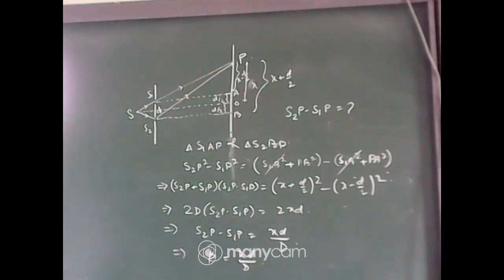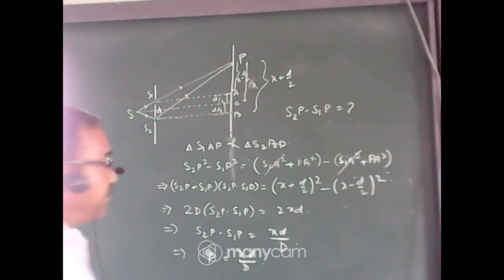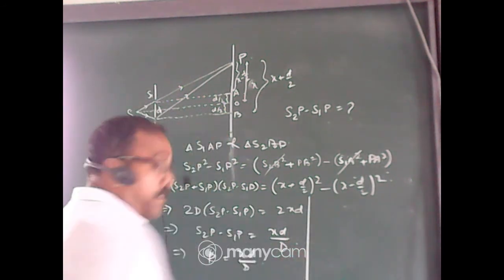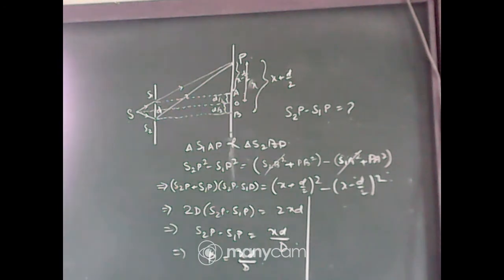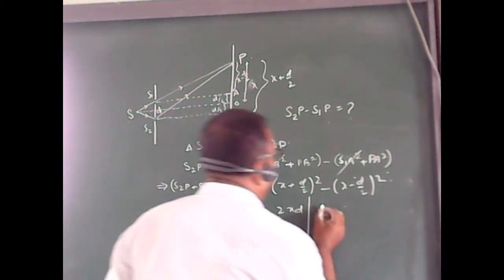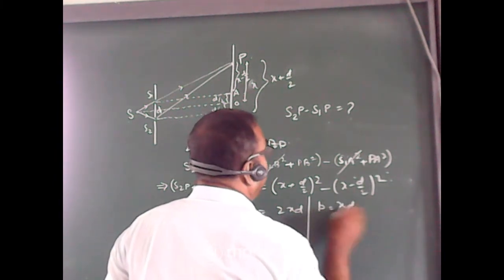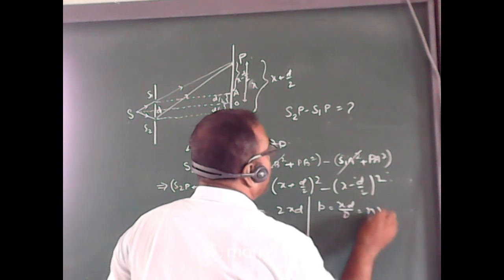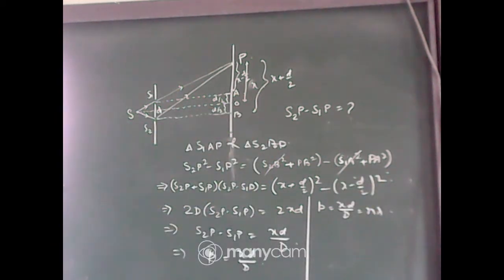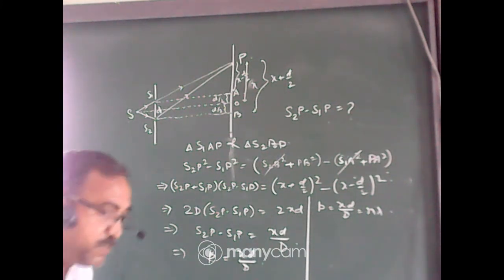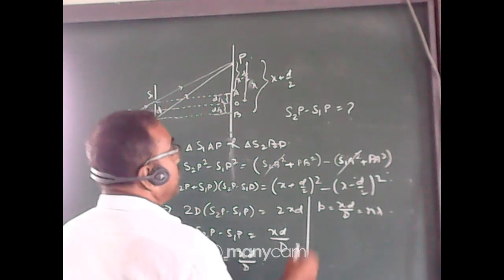So my dear student, again you check here. The condition for constructive interference: the path difference xd by D equals n lambda, where n equals 0, 1, 2, 3, 4, because the central fringe is the bright fringe.